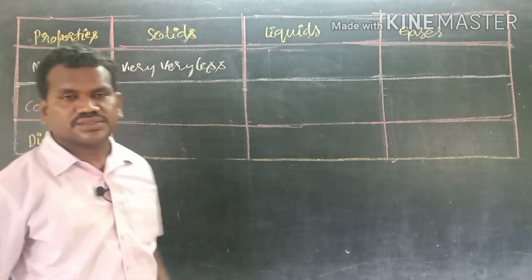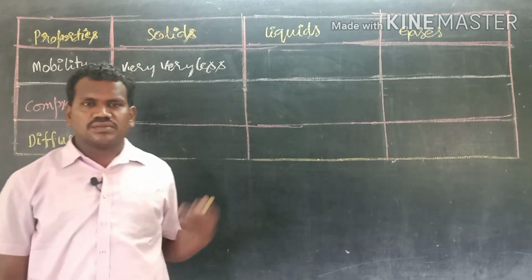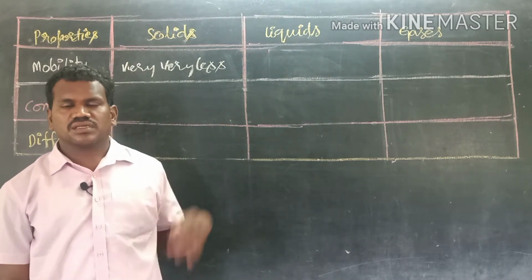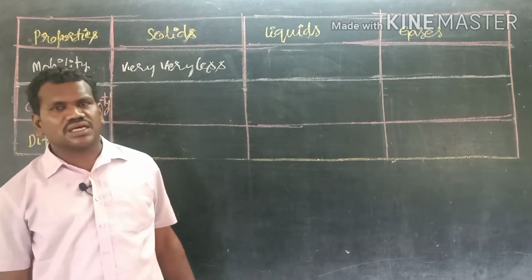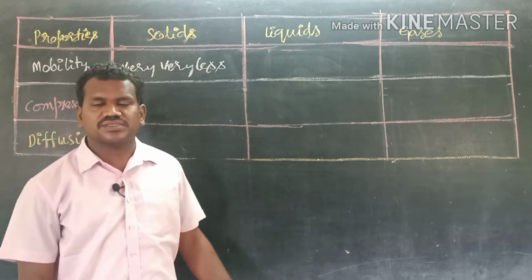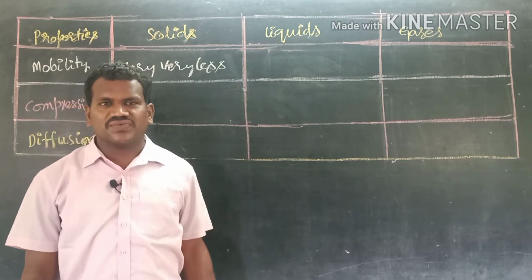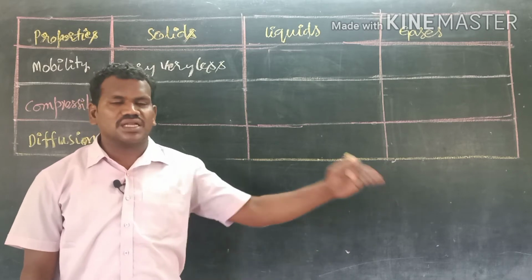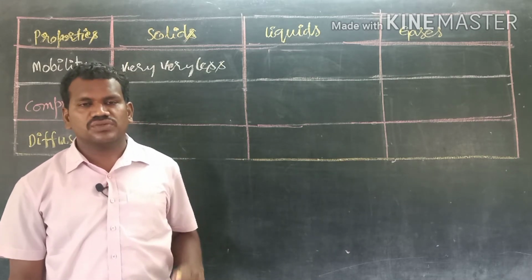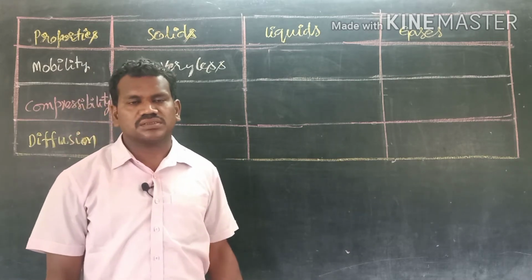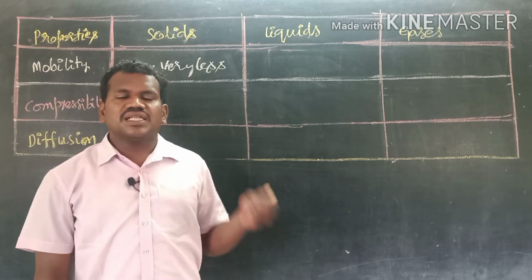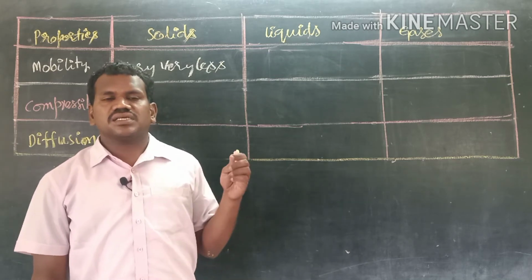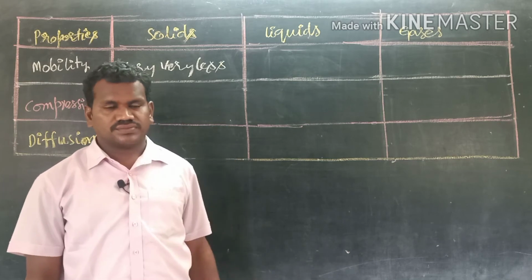Now come to the liquids. You may have water, oil, milk. These are all general examples we know for liquids. If you pour the liquid, then automatically the liquid will flow from one place to another place. For that sake, liquid is a part of fluid. Why?